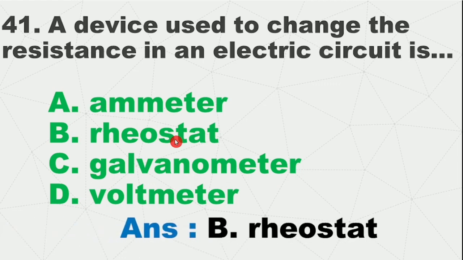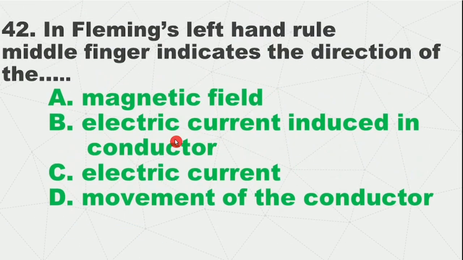Question number 42. In Fleming's left hand rule, the left hand middle finger indicates the direction of. So they are asking what the middle finger will show. Magnetic field, electric current induced in conductor, electric current, and movement of the conductor. So we have 4 options.